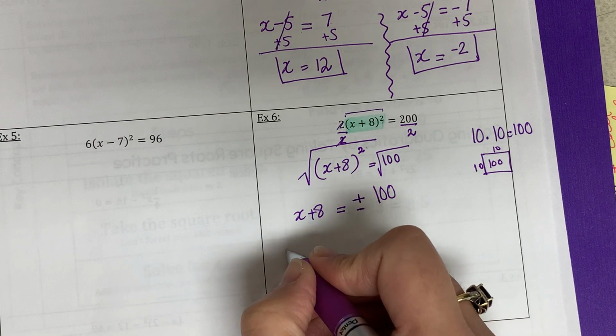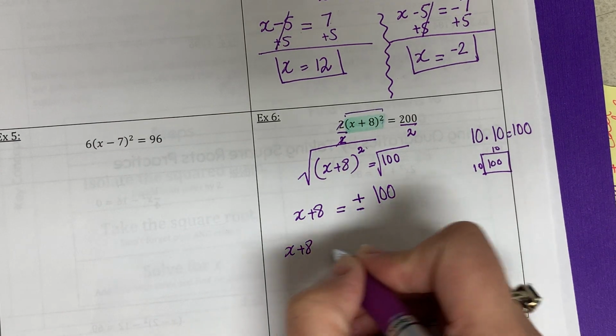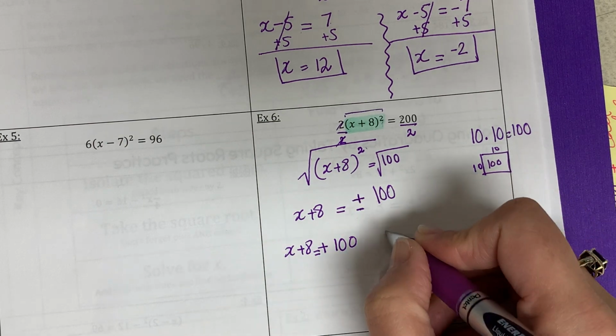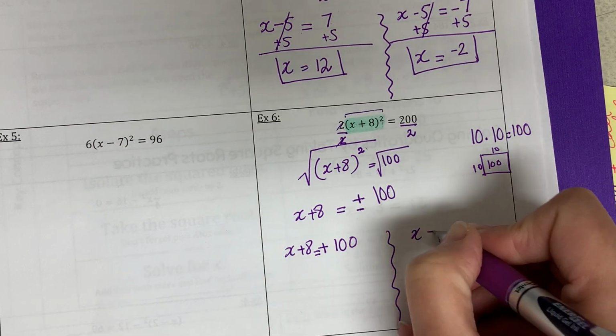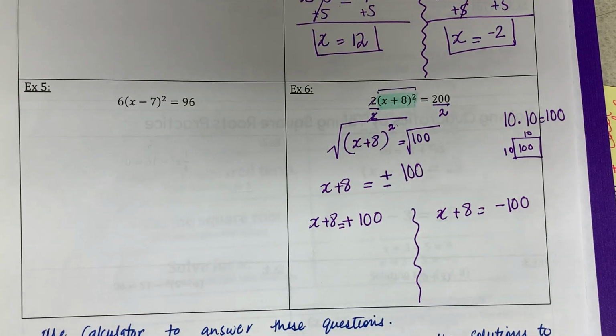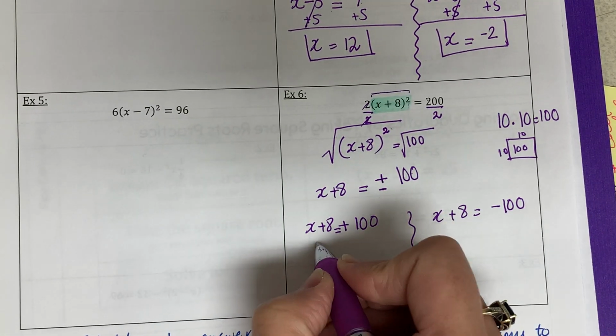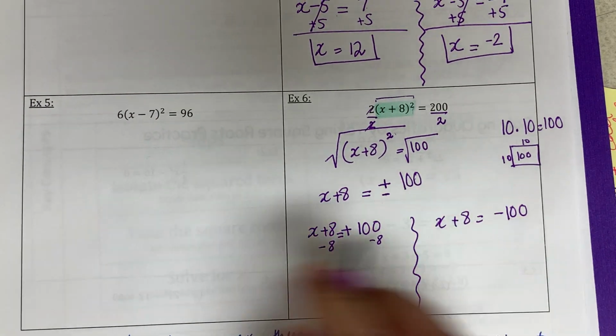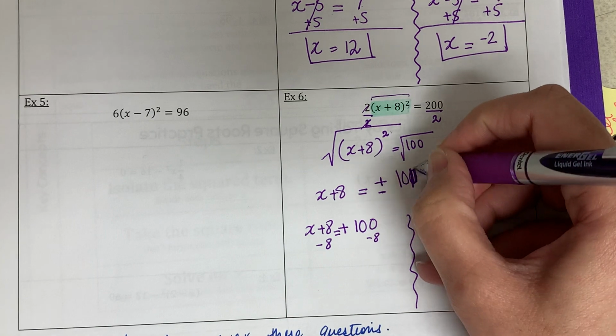Once you're done with this part, now you have to solve it just like that. x plus 8 equals the plus 10 one time, and x plus 8 equals the negative 10 the second time. Same steps. You are going to subtract 8 on both sides. Oh, why am I writing 100? It's a 10, sorry.